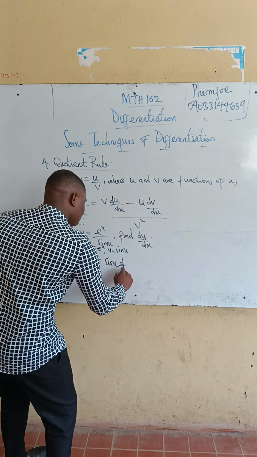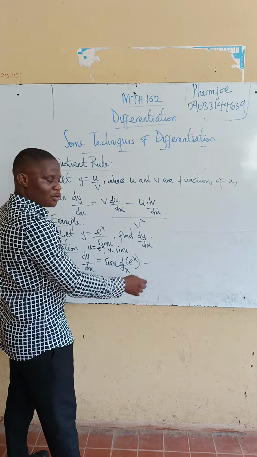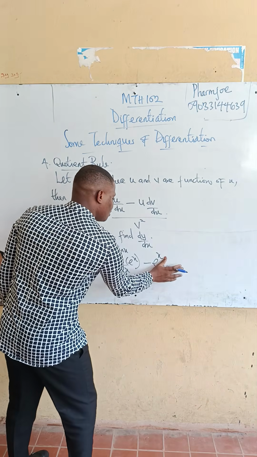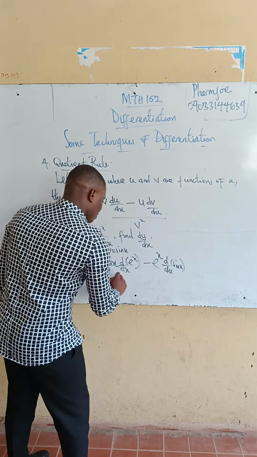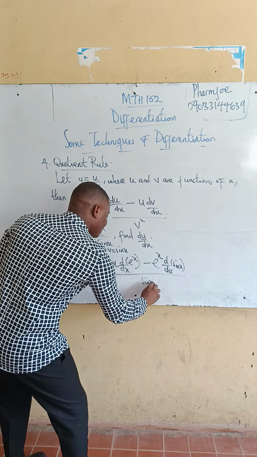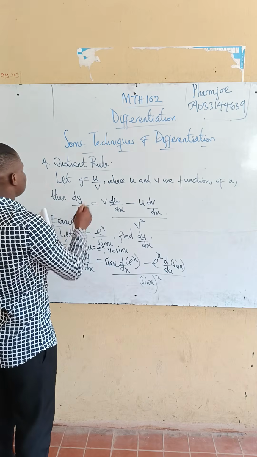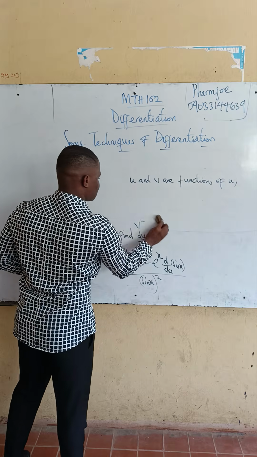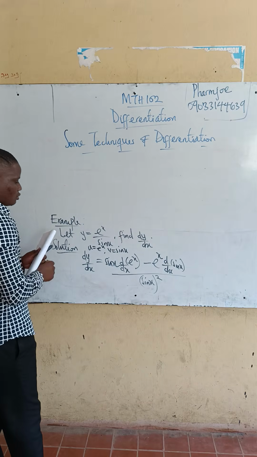Then you differentiate the one on top, e to the x, minus, you write e to the x, you differentiate sine x, over the one under, v squared, which is what? Sine x all squared. Interesting. So let me rub off this part. All I'm doing is just following the formula. Do you understand that now? Just stay with the formula. Make sure you memorize the formula and you are good to go.